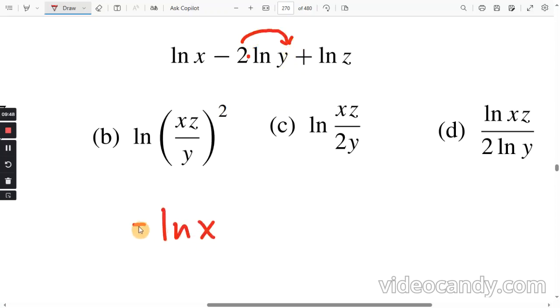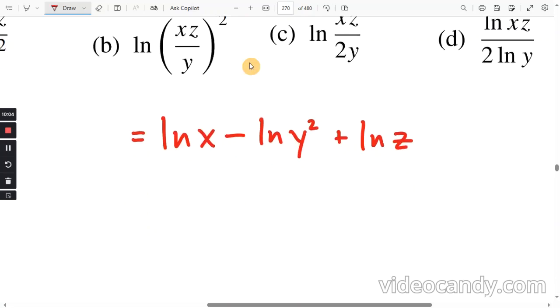All right, so we are left with ln of x. Keep the negative sign, and that's going to be ln of y squared. And that's going to be plus ln of z. So we did all the power rules. That was the only number out front. And now right here, we can do the quotient rule since we're subtracting.